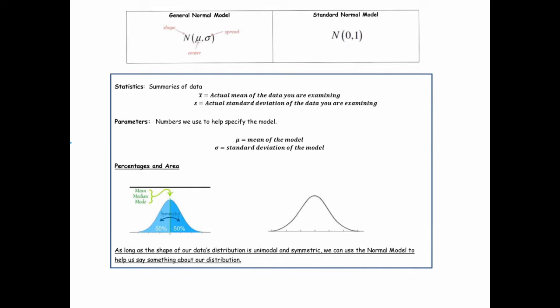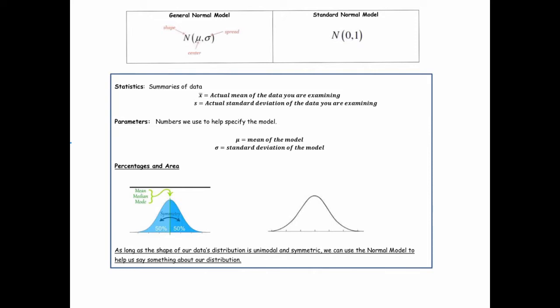Just a little point to make about statistics versus parameters. A statistic is a summary of data. So x-bar, X with a bar over it, is the actual mean of the data you're examining, like a sample you took from a population. Okay, and the s is the actual standard deviation of the data you're examining. So you take a sample of data from a population and you calculate statistics on it. Parameters are actual values of the population.